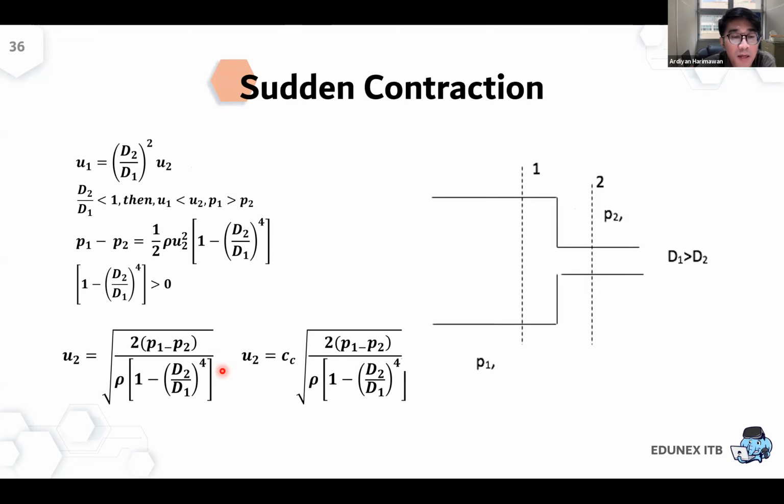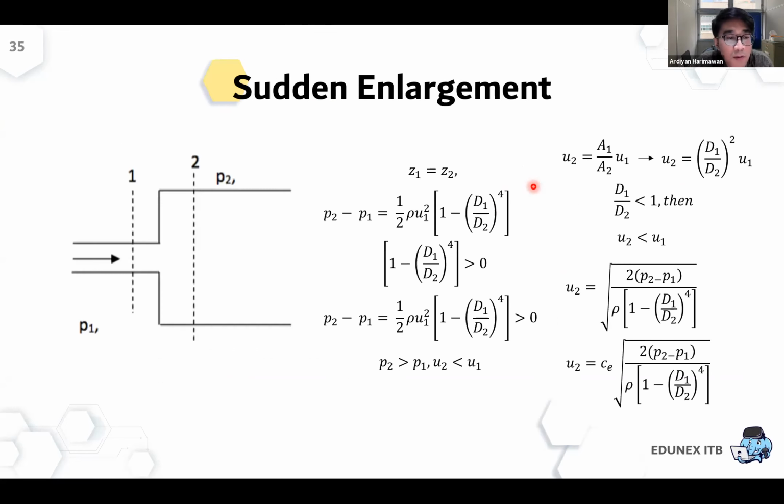If you apply only the Bernoulli equation, the assumption is ideal. There is no energy loss. But we have discussed that some fittings, like sudden enlargement and sudden contraction, will give more energy loss. Actually, we will discuss the energy loss later after this chapter, but this is for the introduction.